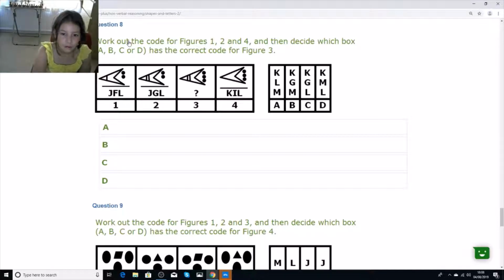I think this must be like, I'm not sure, wait. I think that they're just all different in some way.